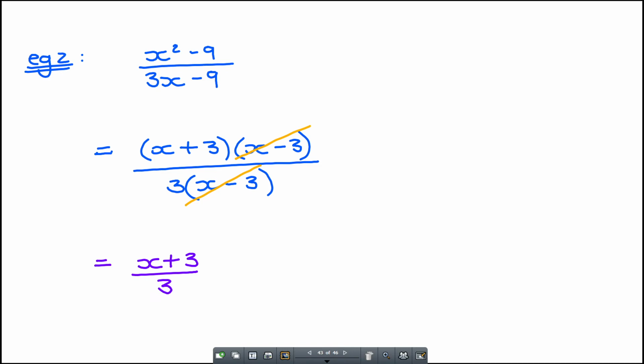He's asking, can I separate them and say it would be x over 3 plus 3 over 3? Yes, you can. And then it would be x over 3 plus 1. But we don't have to. You can stop over there.